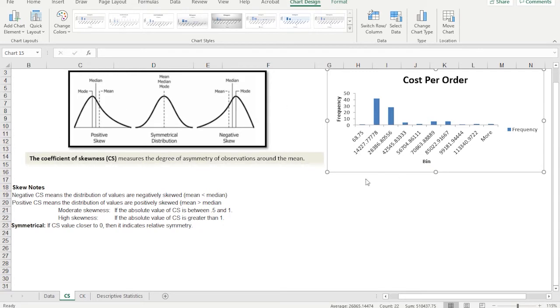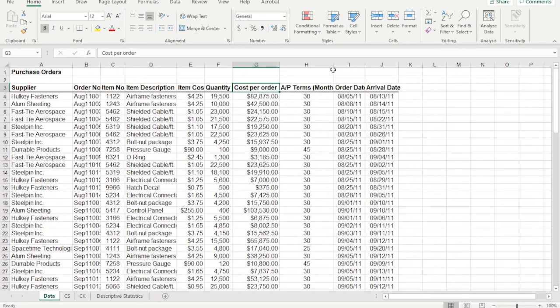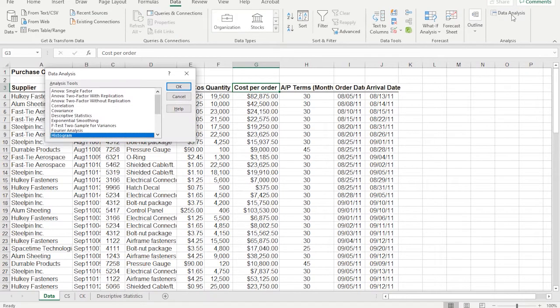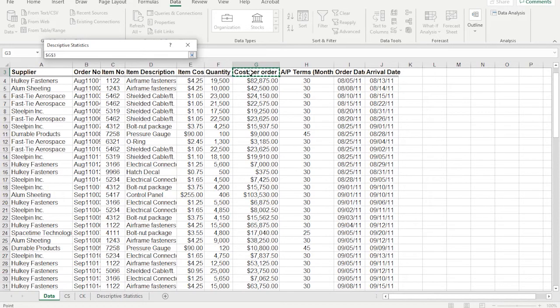So I want to actually get the numerical value that represents the coefficient of skewness. One way to do this is using the summary statistics. I'm going to go to Data Analysis, and then select descriptive statistics, press OK, and select the column of interest. So I am going to remove what I had earlier and select the cost per order column.